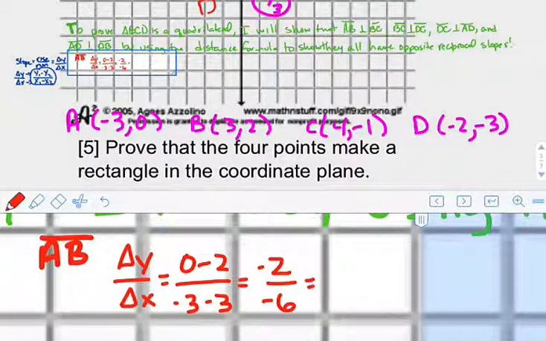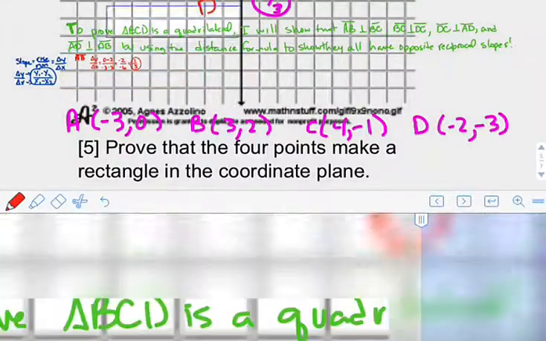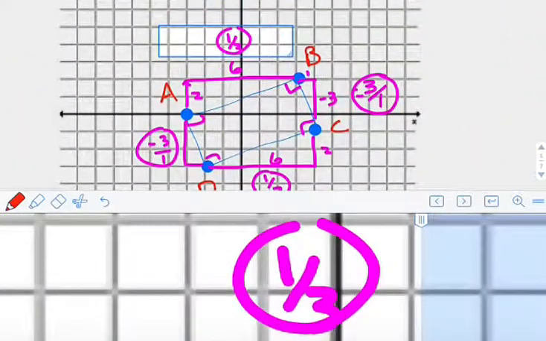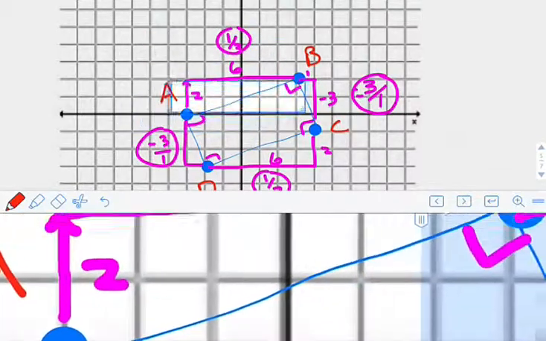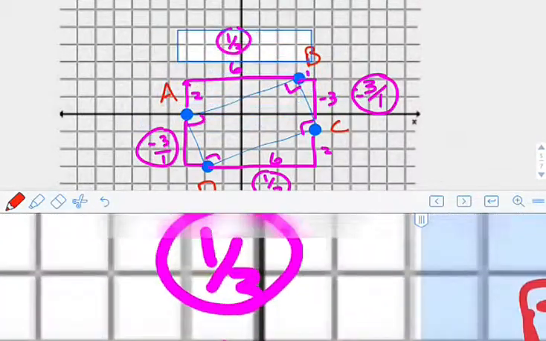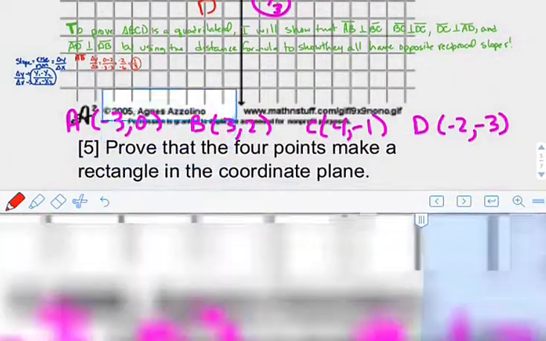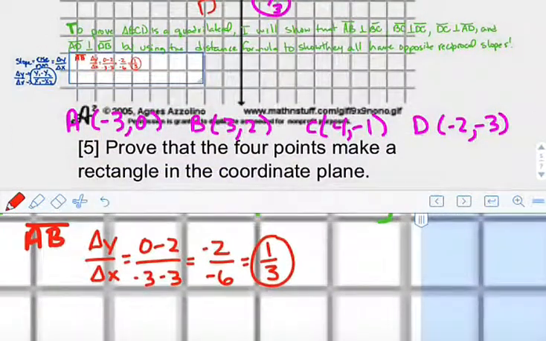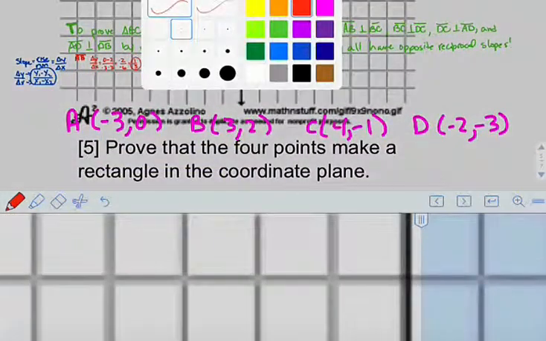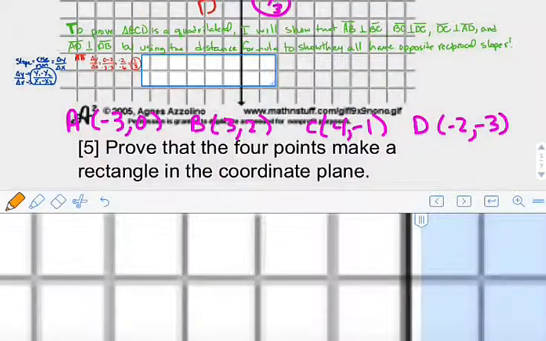That's the same thing as 1/3. Now that's not surprising because we found that was going to be the case up here, going from A up to B. We did that using a slope triangle, but again in the proof we want something a little more formal, and so we have our calculation to back up our thinking. Let's go to BC.